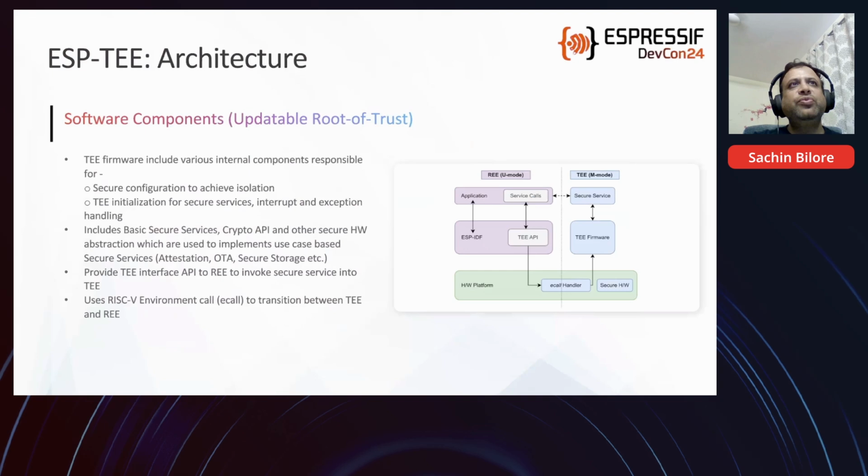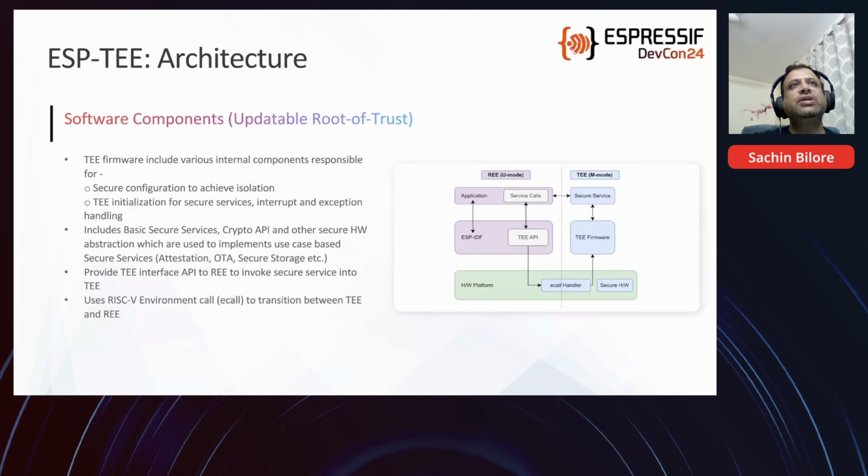Once the device boots, ESP TEE comes into the picture in the initial stage of the boot, and it configures the hardware to realize this isolation. It hosts some other components which we will discuss later in this talk.